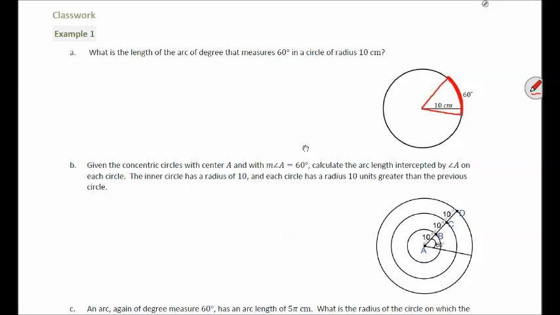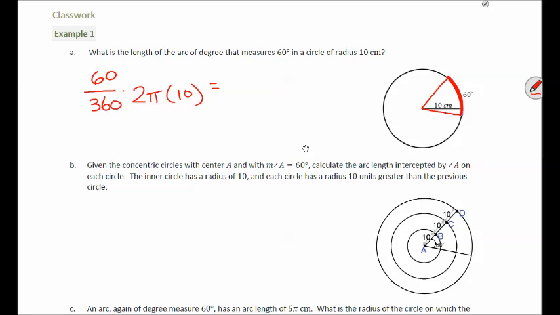Well, using the same kind of thinking, this is going to be part of the circumference. And I know the circumference is 2 pi r. Now I want a certain part of that circumference, and the part that I want is 60 out of 360.